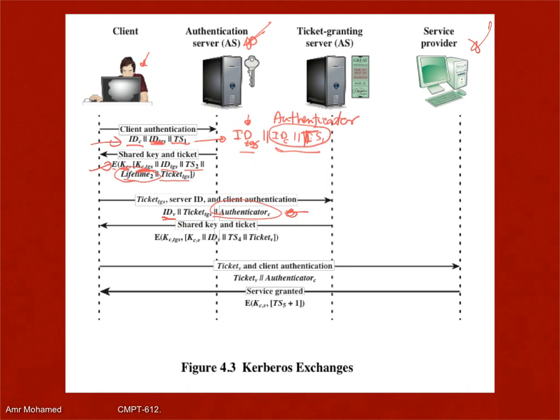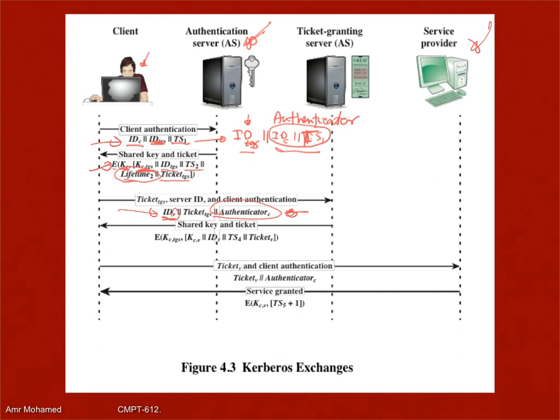So here, I will get access to the service using three components. One, I'm specifying the service I want to have access to, the email server. This is ID V. And for this, I have to send the ticket, which is a grant for me to be able to access the TGS server.